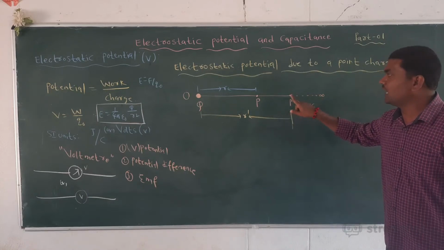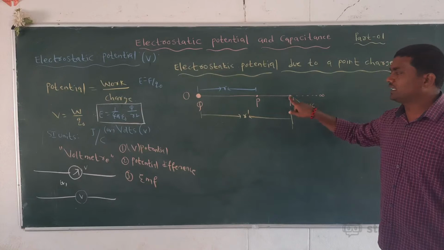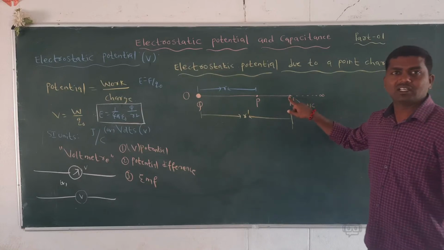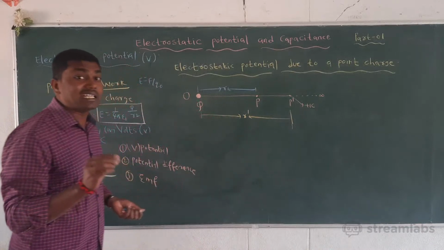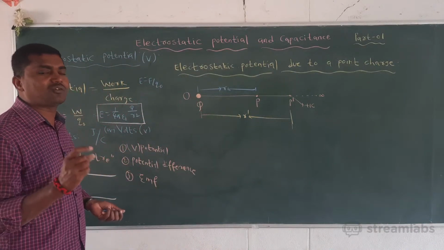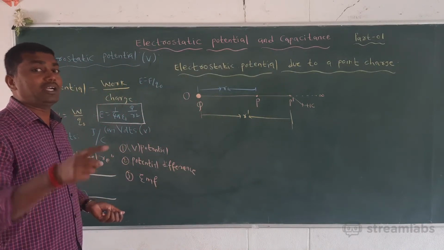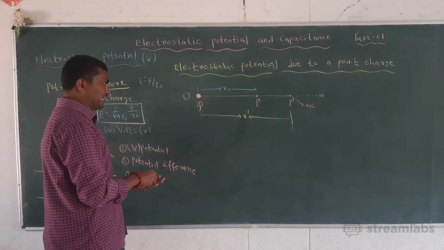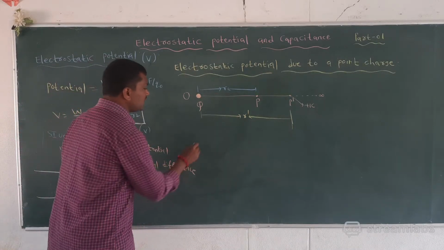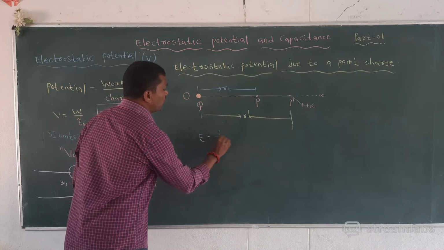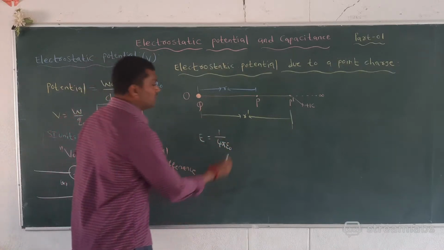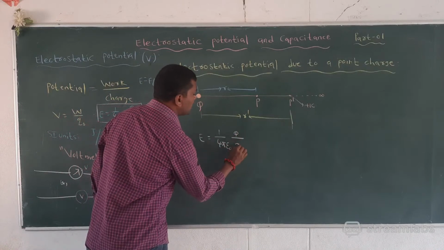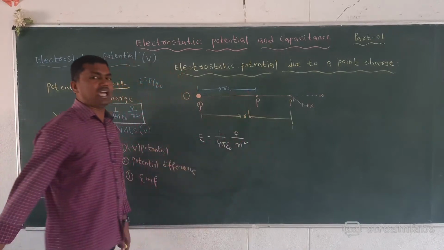Now we can calculate the electric field intensity at point P dash. I can write the value of E is equal to 1 by 4 pi epsilon naught Q by R dash whole square.